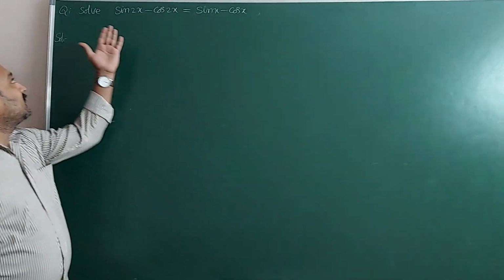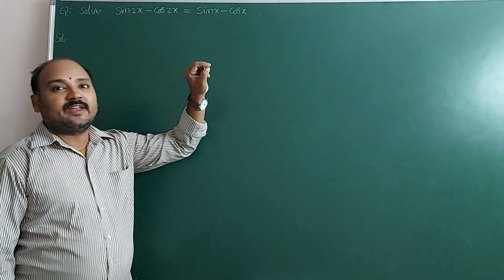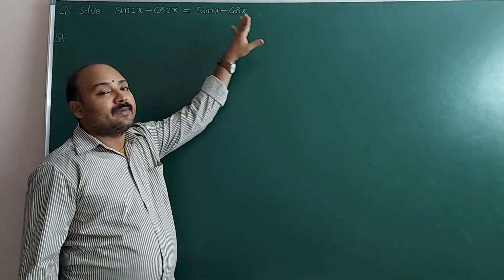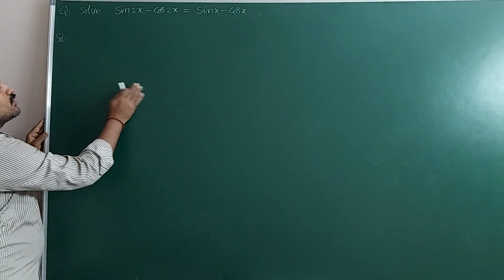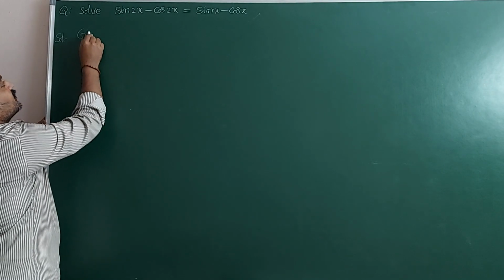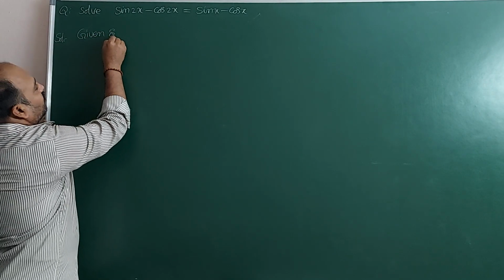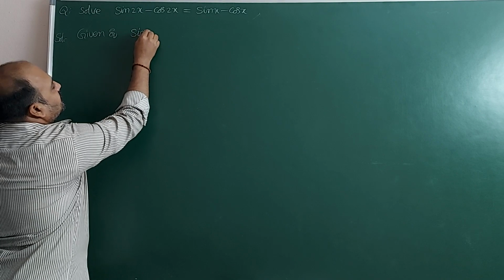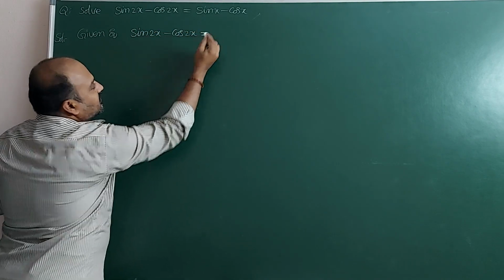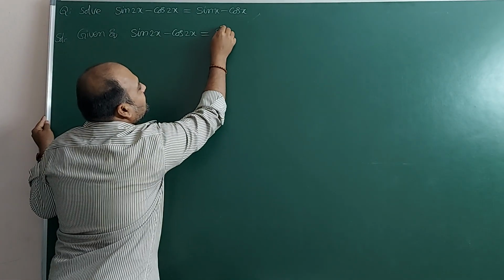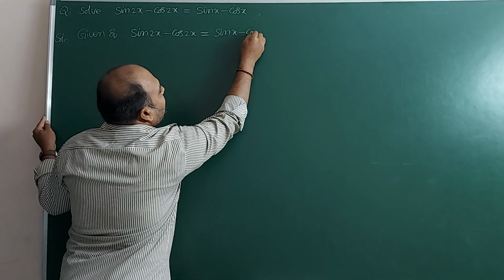The next question. Solve sin 2x minus cos 2x equal to sin x minus cos x. So first, given equation you have to write it. Given equation: sin 2x minus cos 2x is equal to sin x minus cos x.